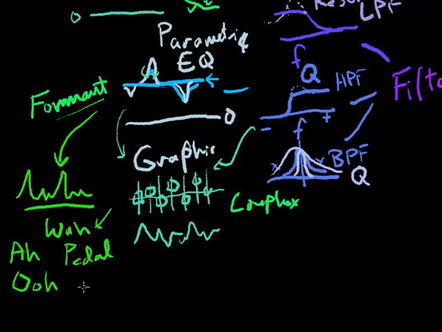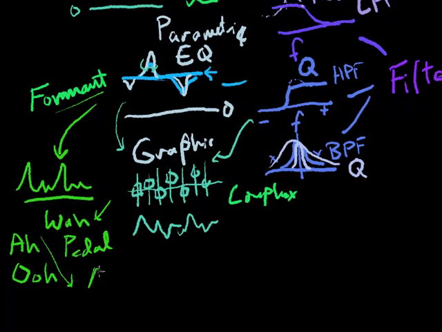You could also simulate the body of a guitar, like an acoustic guitar body, with something like a formant filter to give your sound the resonances as if it were played inside of an acoustic guitar body.